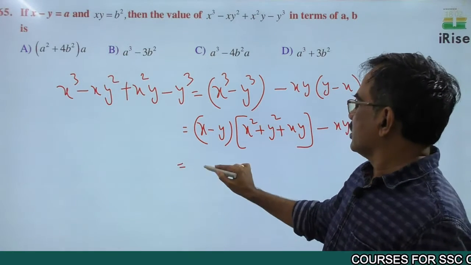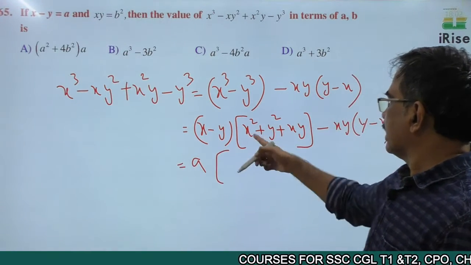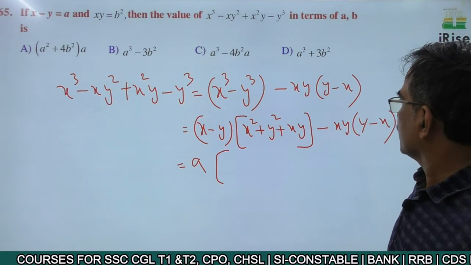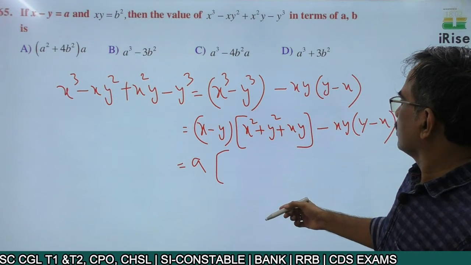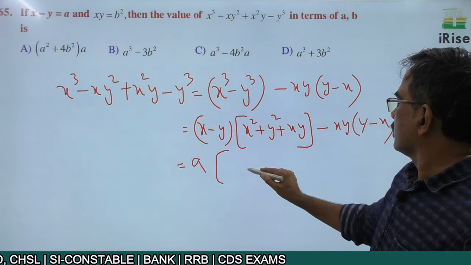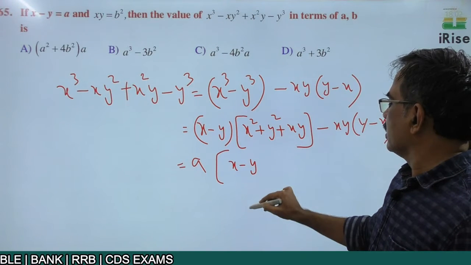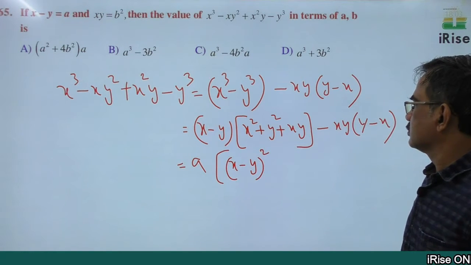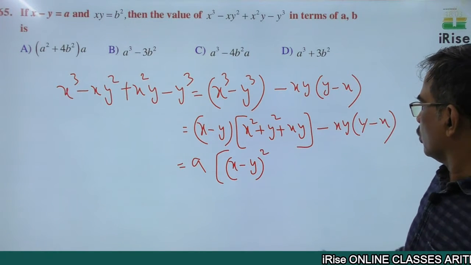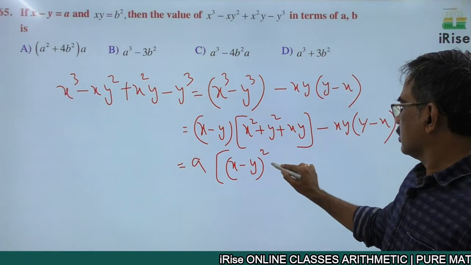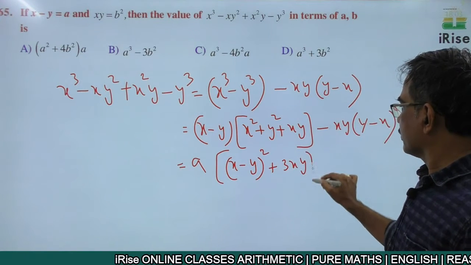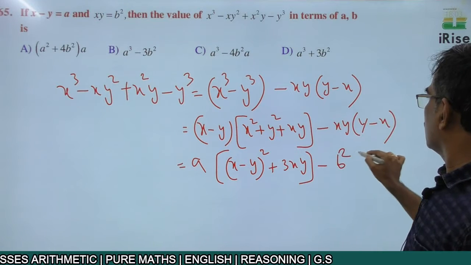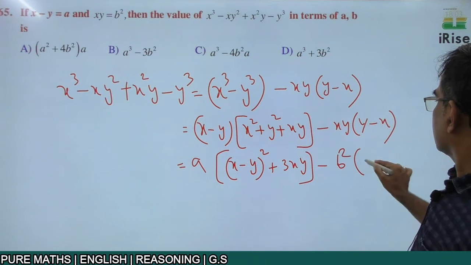Here already x minus y is a, and again this can be written as x minus y whole square plus 3xy, minus xy value is b square, y minus x is minus a.